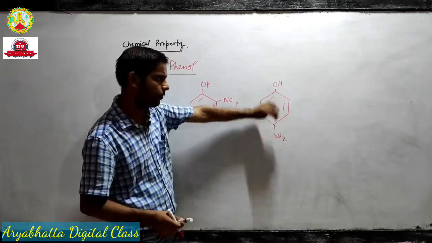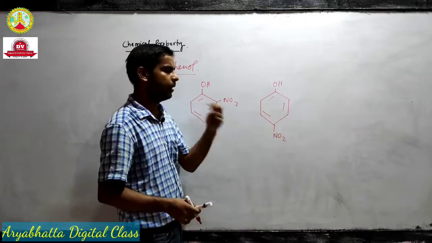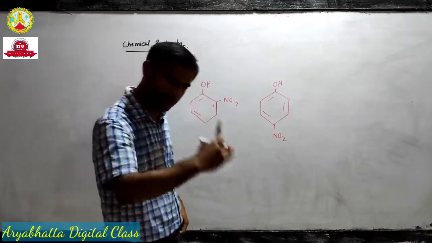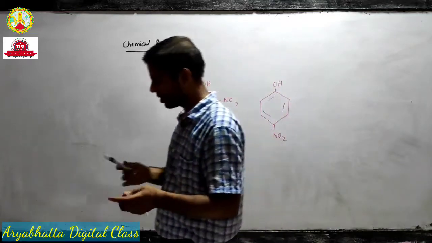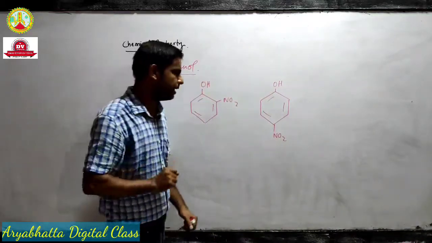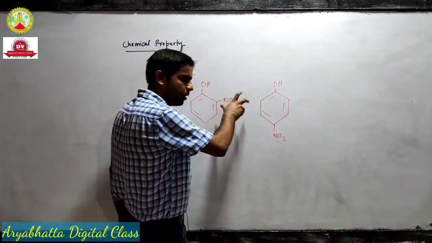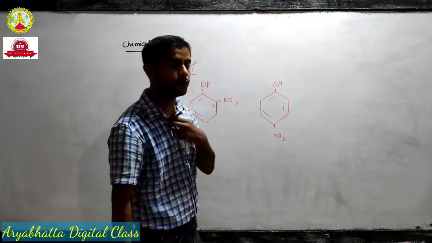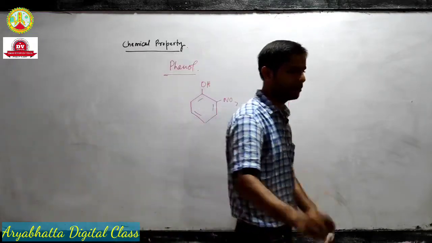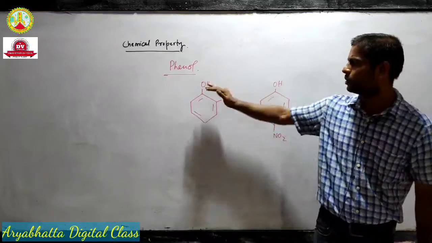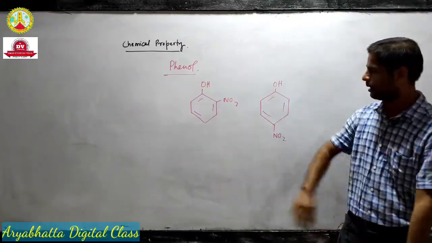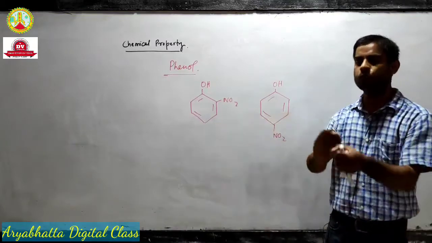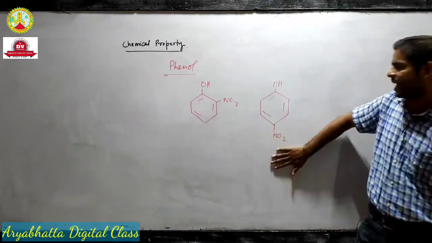Para is far away from OH, so it will produce the same effect but with less effectiveness. So the position of the electron withdrawing group is very important. If it is nearer to OH, it will be more effective. That means ortho isomer should be a bit more acidic than para isomer.